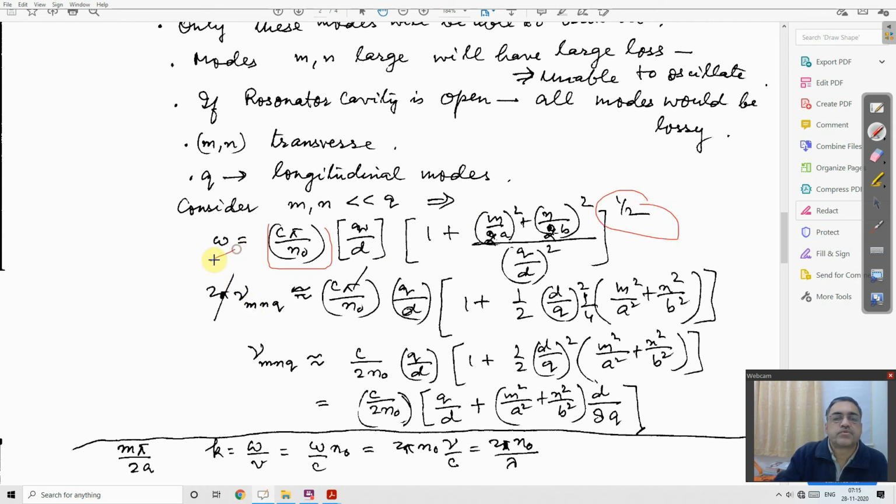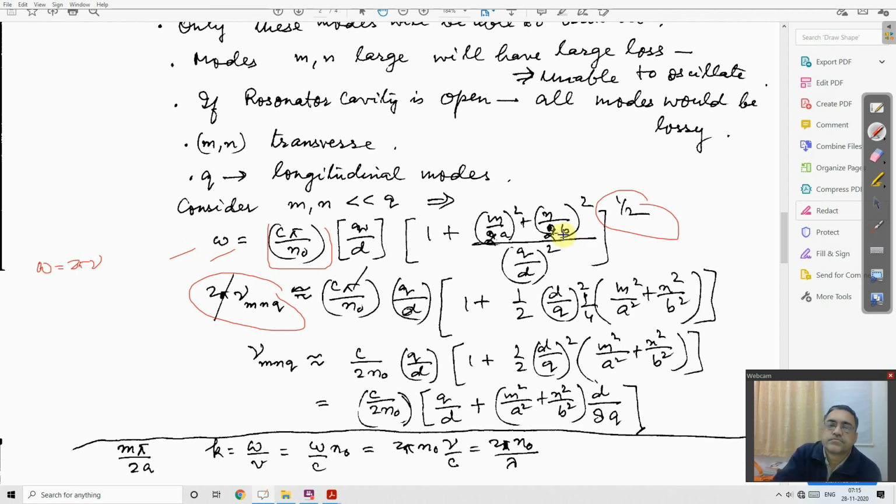Simplifying it, because omega is equal to 2 pi nu and all three integers are involved here, we apply the Taylor approximation of the series.